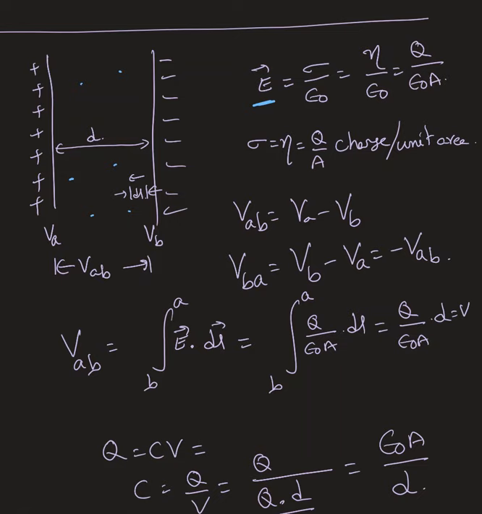Now V_AB, which is the potential difference between A and B, equals V_A minus V_B, or you can write it as V_BA equals V_B minus V_A. So V_AB is nothing but negative V_BA. We know that voltage is a scalar quantity, but personally I do not agree with that, because I can write V_AB equal to negative V_BA.